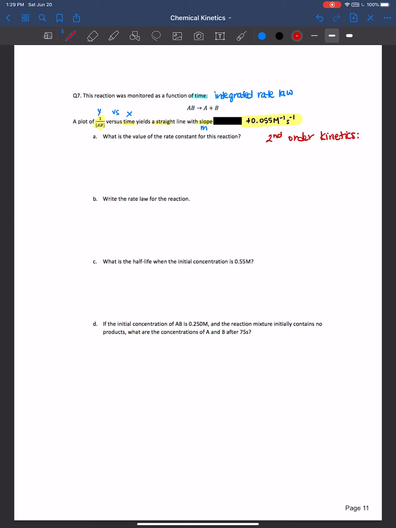I like to write down the integrated rate law, since it shows me the concentration of the reactant as a function of time. And from here, just to remind ourselves, we see that y is 1 over the concentration of the reactant. So be mindful, A was used generically in this discussion here as the reactant. Here, the reactant is AB.